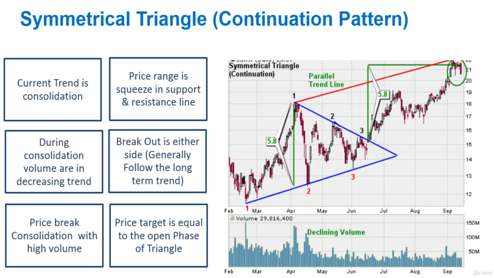Once the price breaks the upward resistance line, this point is considered a valid breakout. This valid breakout is done with high volume, and the target is the wider portion of the triangle, which is shown by an arrow.